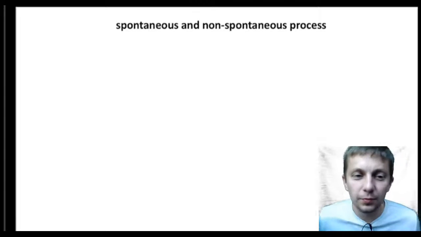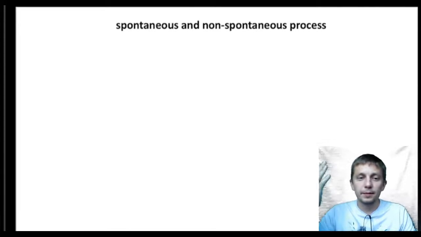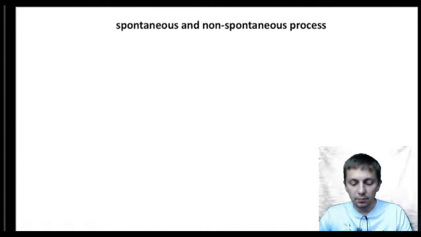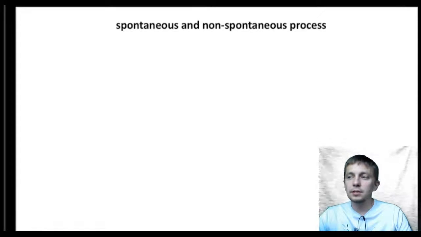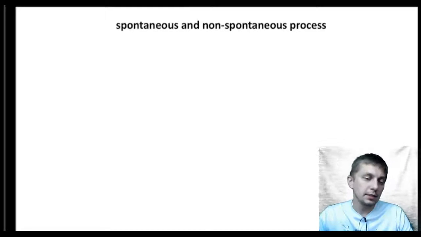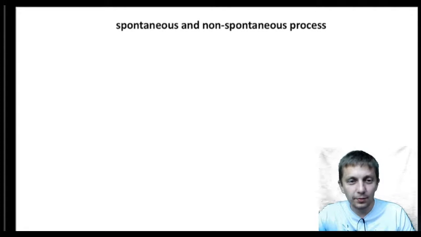But if you're preparing to become a doctor, preparing for GAMSAT, it's not a spontaneous process because it's unprofitable for you, but you do it. So some processes in our life are spontaneous, and some are not. Spontaneous is when you immediately get a result. Non-spontaneous is a process where you haven't got a result, but you hope to get a result in the future.